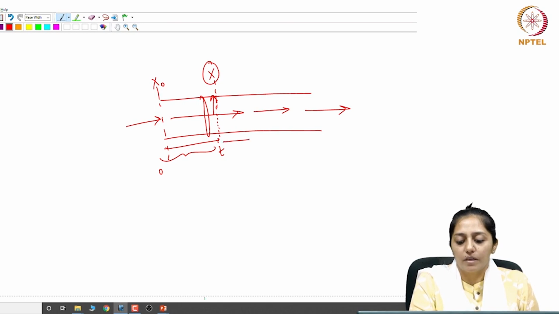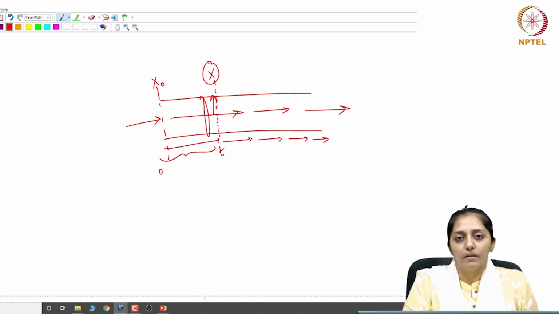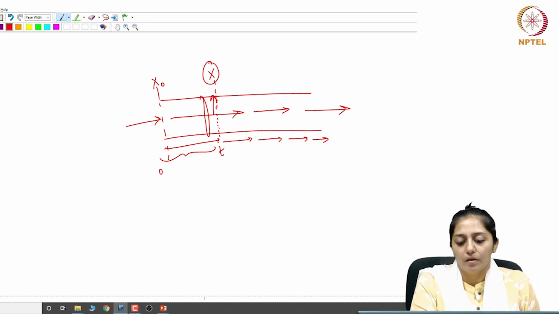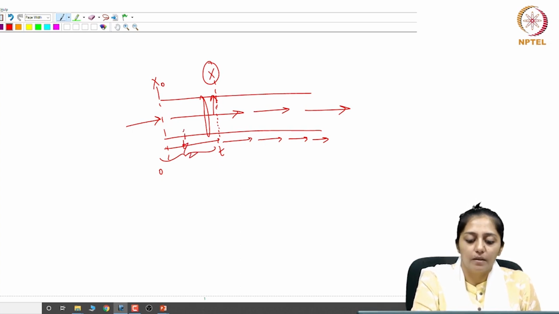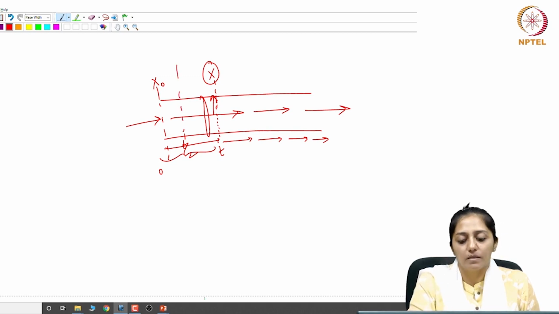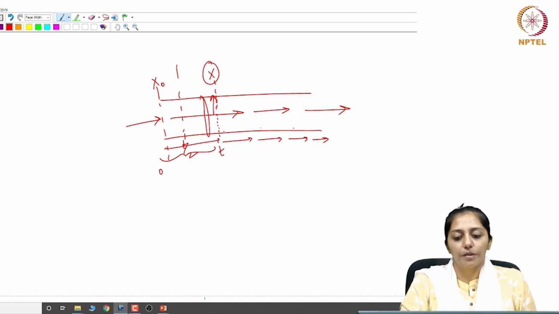So the distance corresponds to the time spent by the culture in the fermentation or the cultivation time. So at time t half, there is some biomass, and this is how it keeps changing longitudinally.